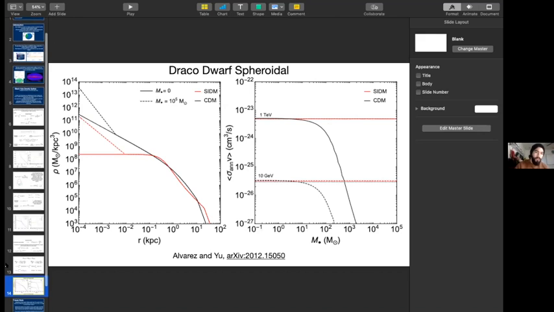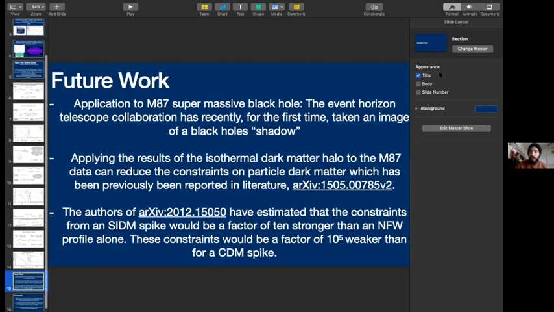So for future work, we basically want to apply the results to M87, the supermassive black hole. This is the black hole that the Event Horizon Telescope took a picture of. There's been recent work in the literature claiming that the Event Horizon Telescope has extreme resolution, which can get some very stringent constraints on dark matter annihilations in the CDM context.